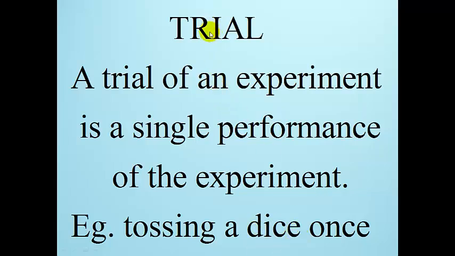Now a trial. A trial of an experiment is a single performance of the experiment. Example, tossing a dice once is what you call a trial. So when you toss a dice once, because it's a single performance, we call it a trial.